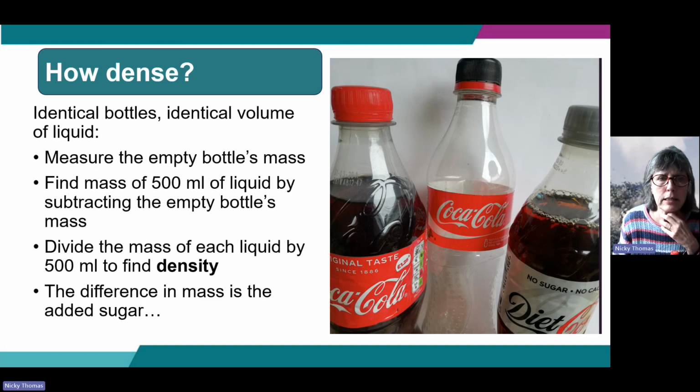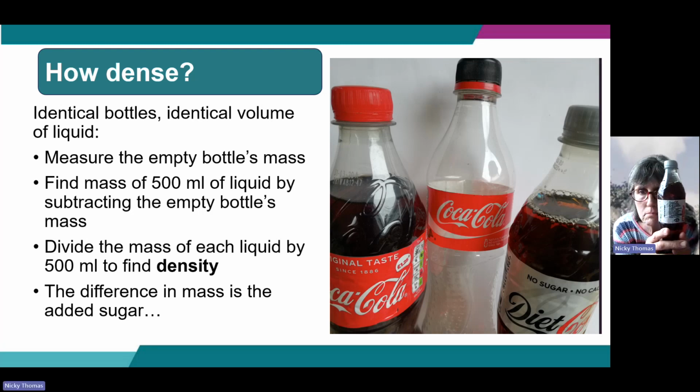So if I am looking at the density, I'd measure the mass of an empty bottle. It's about 25 grams. The classic Coke bottle, the mass of that, so the liquid plus the bottle, is 509 grams. So you can work out the mass of the liquid.